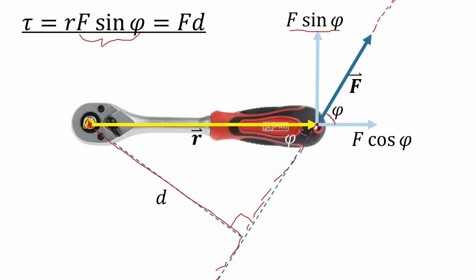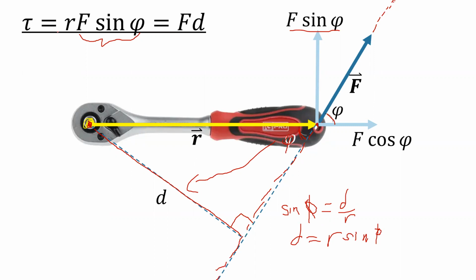And through geometry, you will find that phi here is the same phi here because of the alternating interior angles theorem. And here you will find that D is one side of this right triangle where R is the hypotenuse. So we can say that sine phi is equal to the opposite of phi, which is D, over the hypotenuse, which is R. So therefore, D actually is just R sine phi in this case.